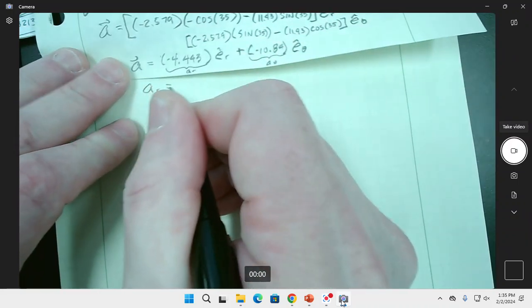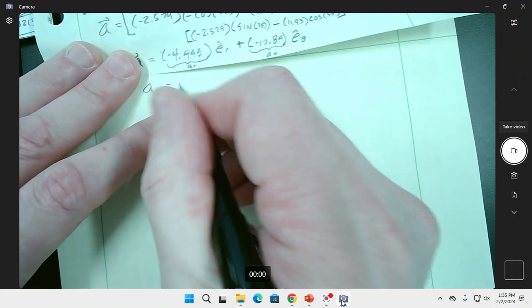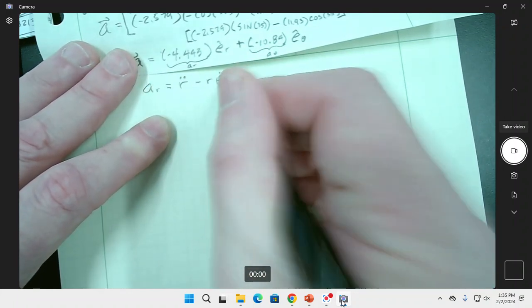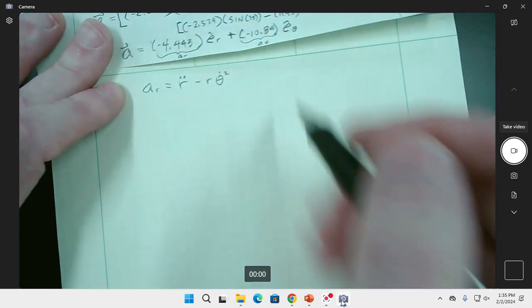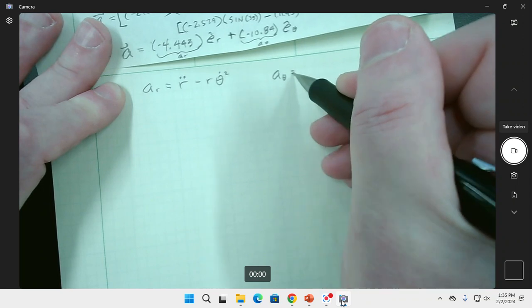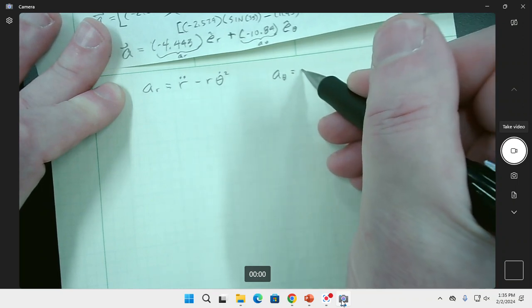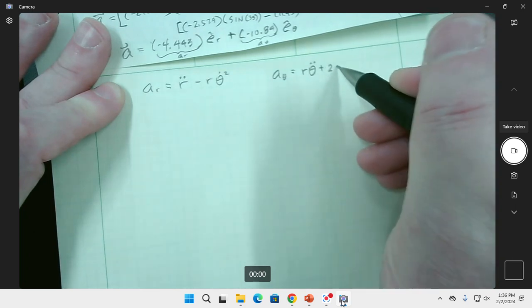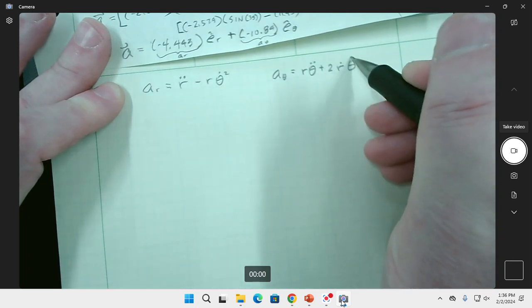And so A R is equal to R double dot minus R theta dot squared. And then if we cared about the other one, A theta was equal to R theta double dot plus 2 times R dot times theta dot.